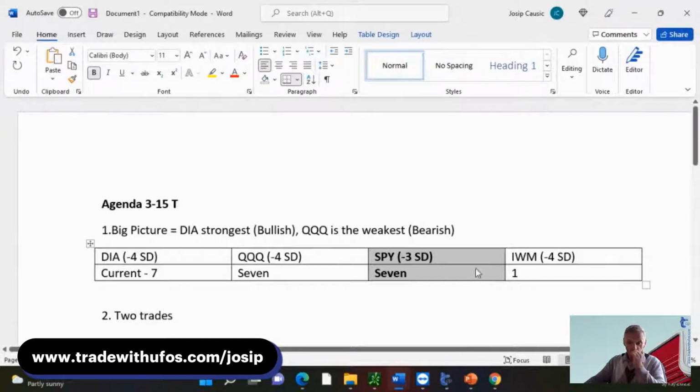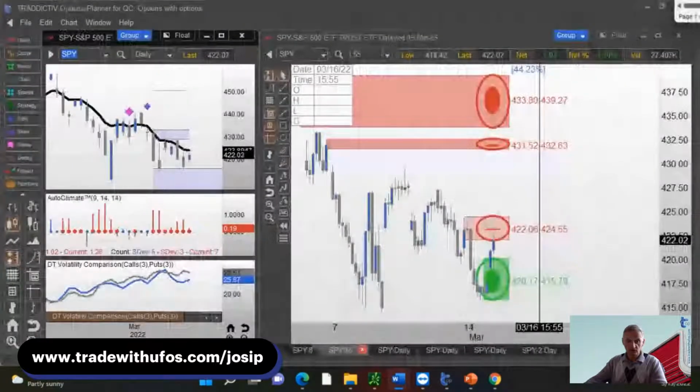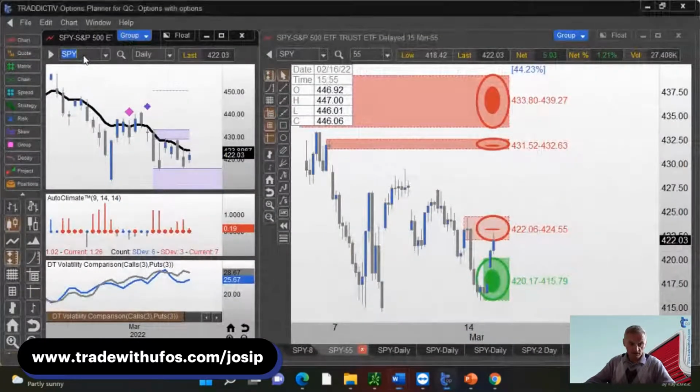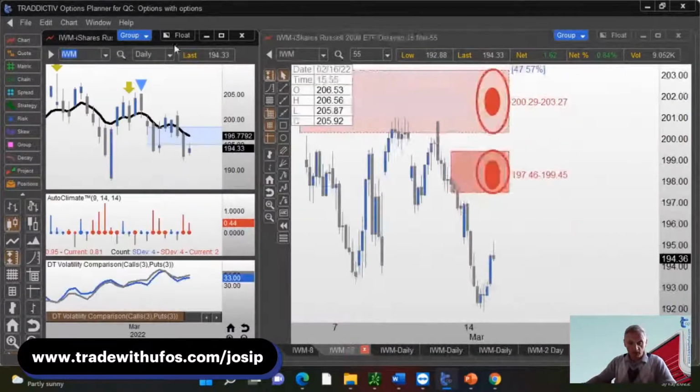So in a moment, on a daily, I'm going to look at the IWM, and I would look at the red standard deviation and where we are in terms of the current. So if I now change this to IWM and start from the top to the bottom, this black line represents the 9-day exponential moving average on a daily.